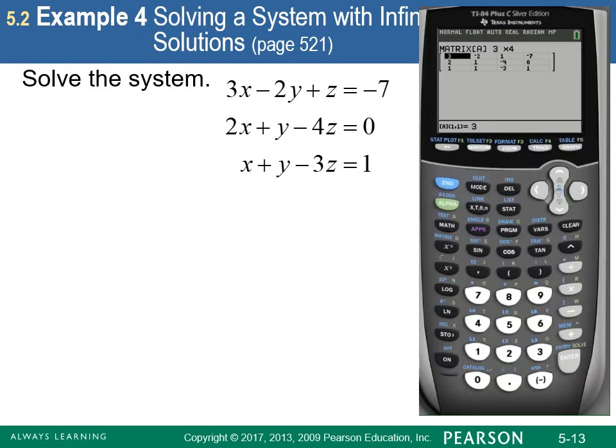I've already entered this matrix. So I'll go second quit, back to the home screen, press enter, do the RREF on this matrix, and again you notice how the bottom row is all zeros. That means there are infinite solutions.